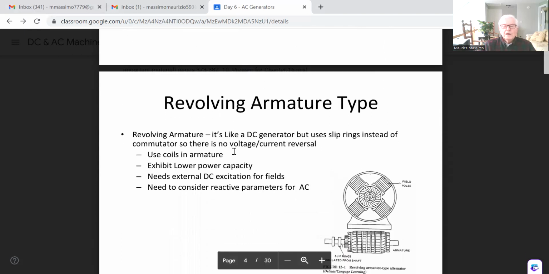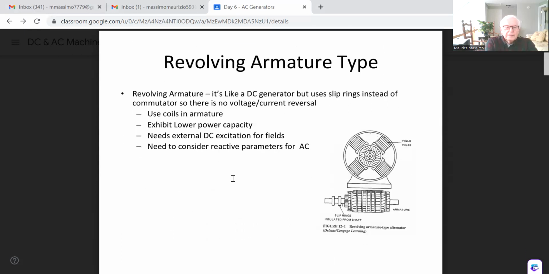The revolving armature is like a DC generator, but it uses slip rings instead of the commutator, so that there's no voltage or current reversal. Because what we're doing is actually changing AC into the poles themselves. The AC is picked up in the poles. So it basically exhibits low power capacity.